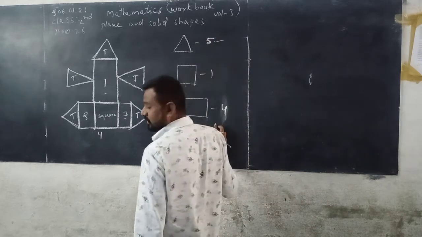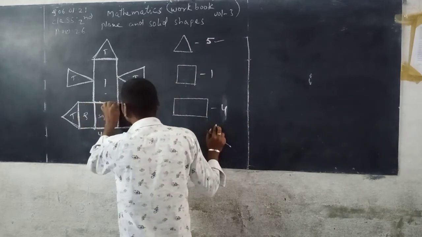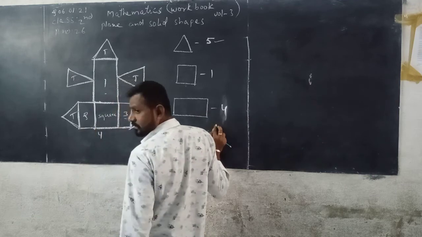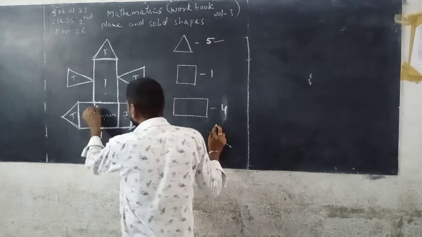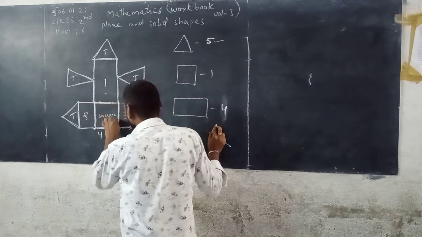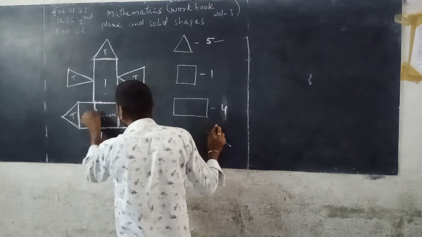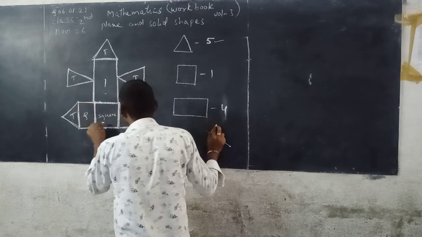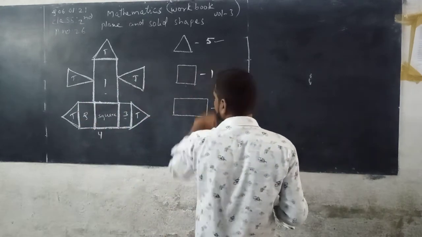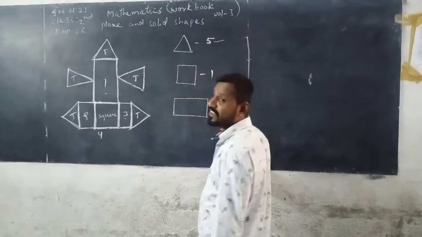Now 1 square. So this is only 1 square. See, square means in a square all sides are equal in length. So how many squares are there, beta? Only 1 square. Then you can write 1. Now next we can count the rectangles.